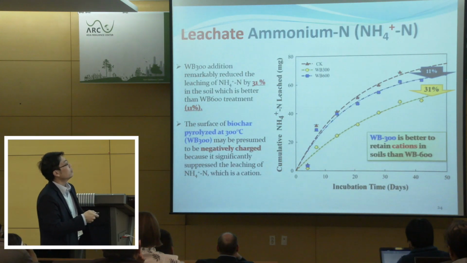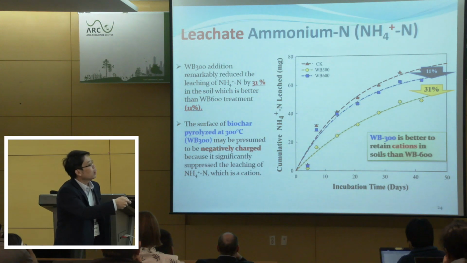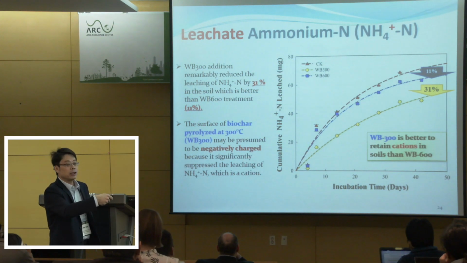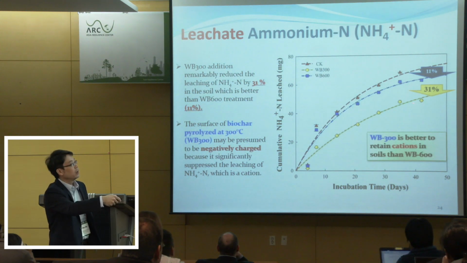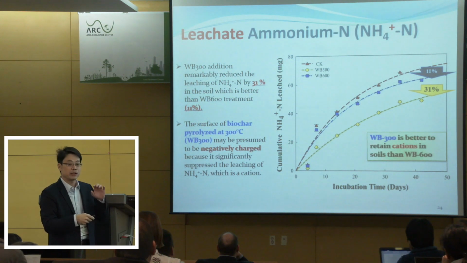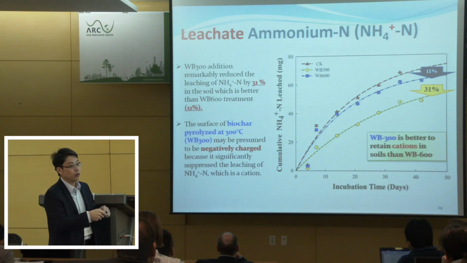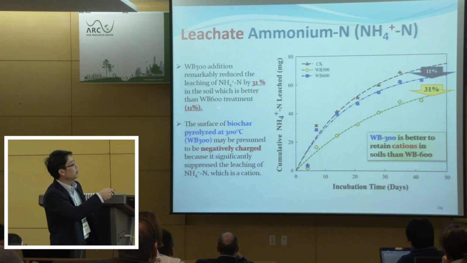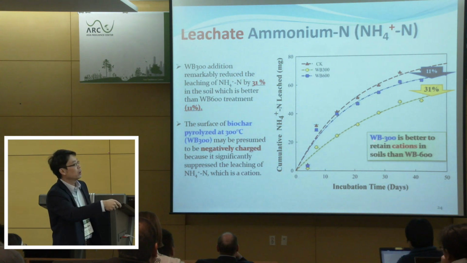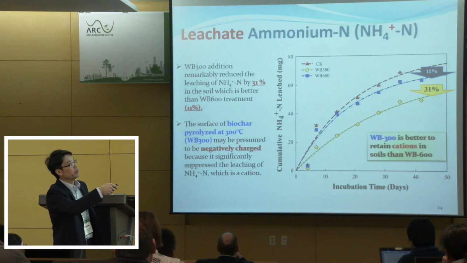For the ammonium nitrogen, it's different from the DOC. The low temperature biochar is better at retaining the ammonium nitrogen in the soil, about 31%, and the high temperature biochar about 11%. So the low temperature biochar is better at retaining the cation ammonium nitrogen in the soil than high temperature biochar.